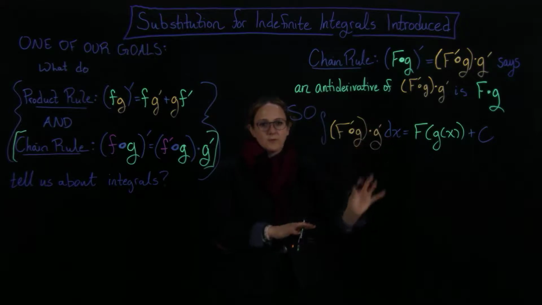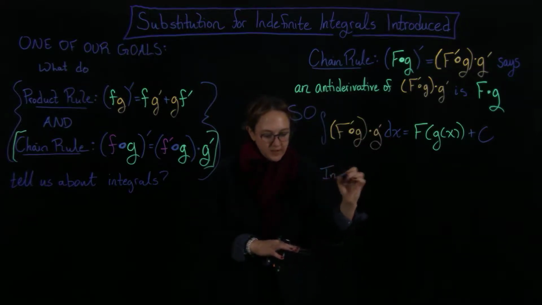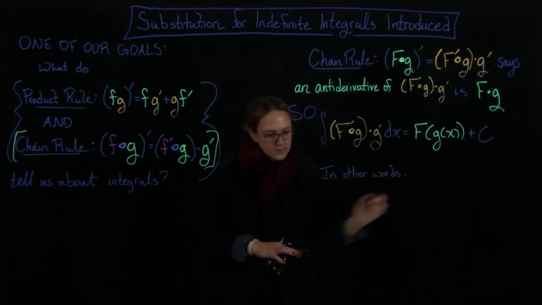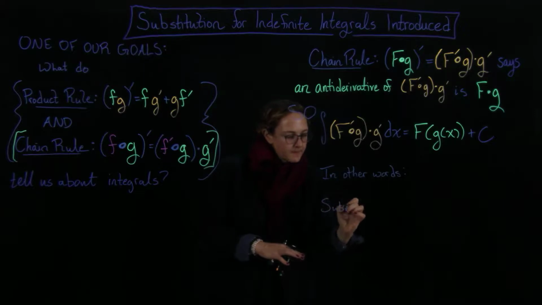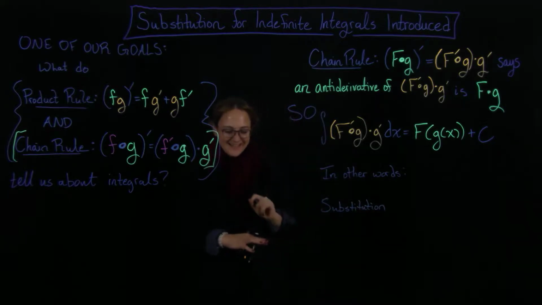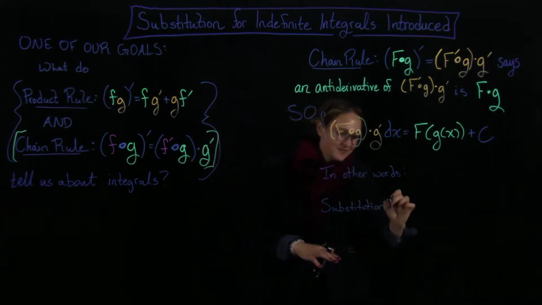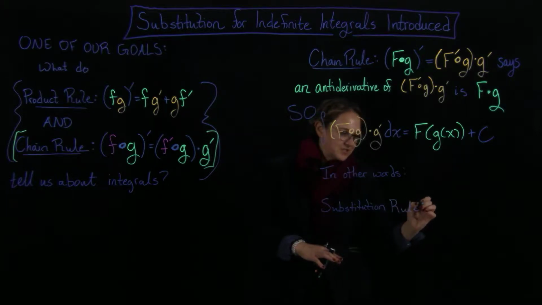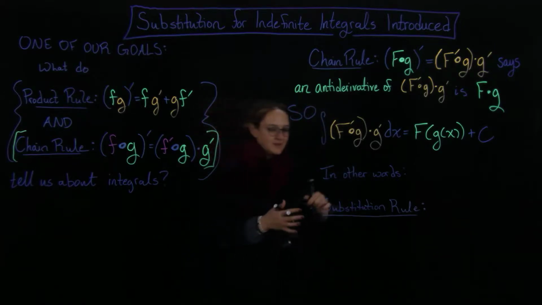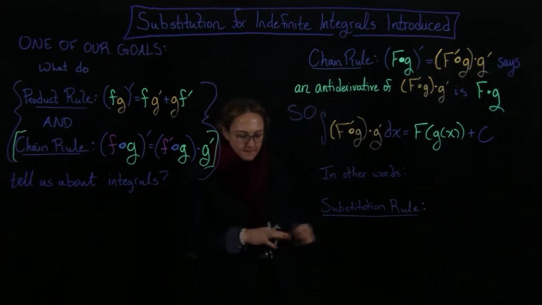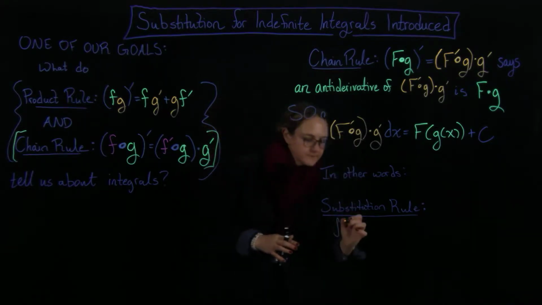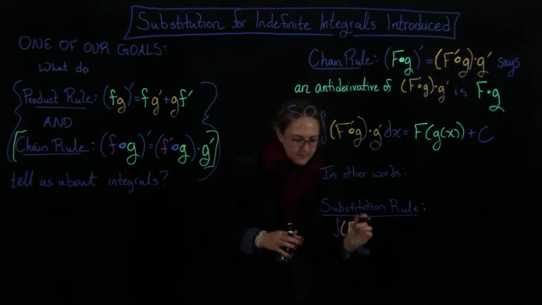And then I want to write this in another form. So this is kind of one form to see it in. Here's another form, which is the one we'll box. So in other words, here's the substitution rule. The problem with changing colors on the fly sometimes is that you ruin your color scheme that you worked so carefully on. But this is going to be okay.